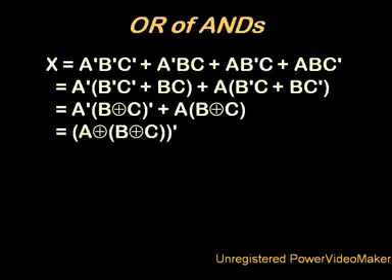And now the biggie. Did you see it? Not A times (B XOR not C) plus A times (B XOR C) is the same as XORing those 2 expressions together and taking the whole not of the whole thing. That was our other XOR law.